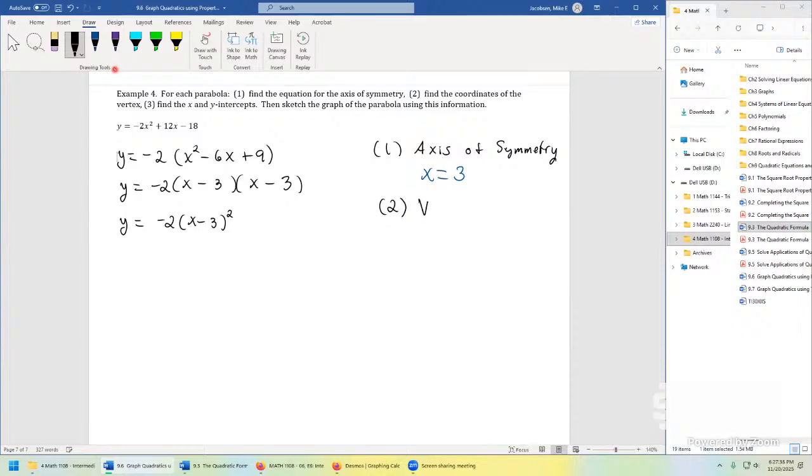Part 2 is going to be the vertex. We write that as a v equals. These values then match. Whatever is here and here, we take the same exact value. And again, it comes from right over here, that -3.